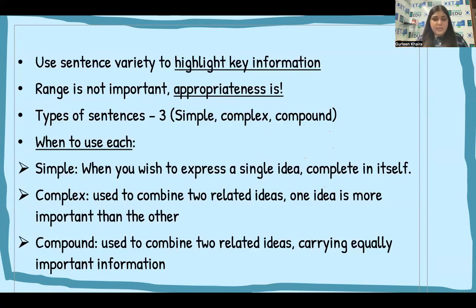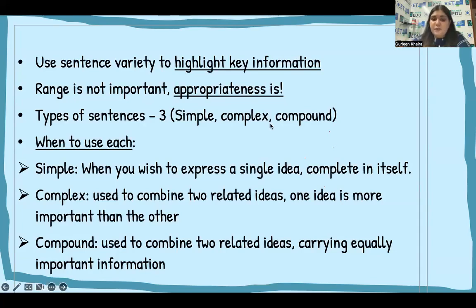I think more than that, it's important to think about appropriateness of grammar. So when I say use a variety of sentence types, I want you to also be mindful about why we use a particular sentence type. You should think about that and then decide which sentence is to be used for conveying information to the reader.